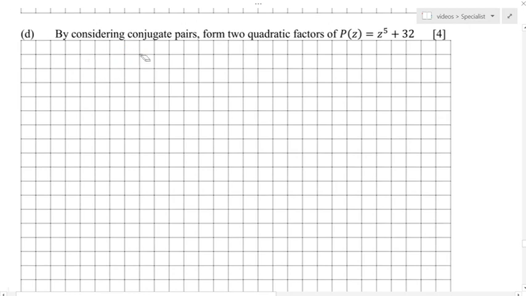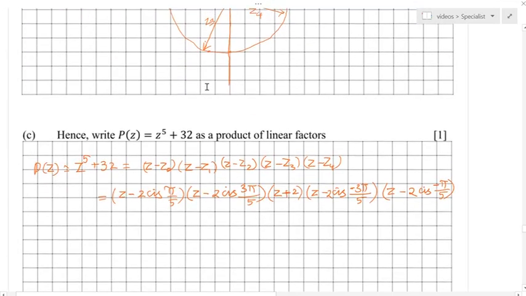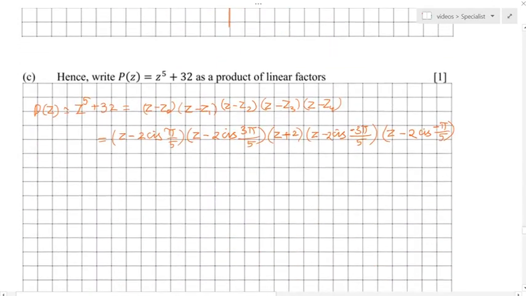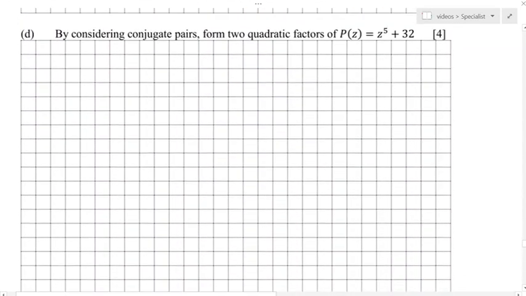Let me go back and check which is which. So z1 and z3, and z0 and z4. So we had conjugates z1 and z3. z1 was 2 cis 3 pi over 5, and z3 is 2 cis minus 3 pi over 5.